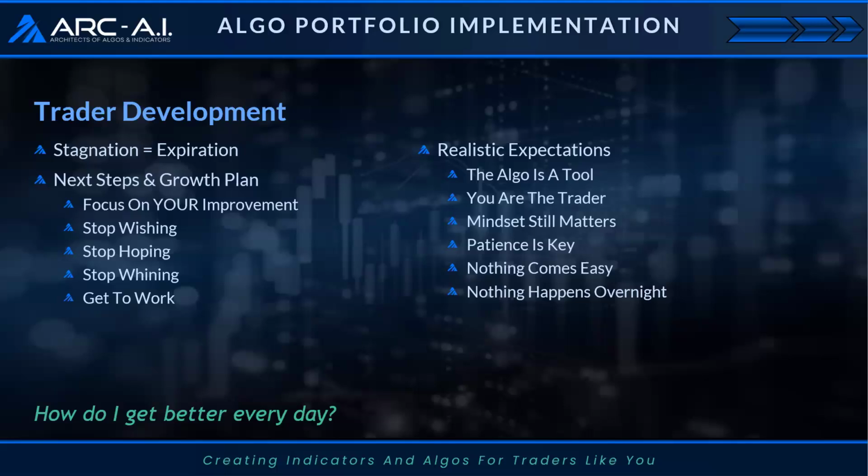You still want to focus on being the best possible trader out there, because you're going to trade even better with the algos. If you give an algo to somebody who's been trading for 20 years and who is successful, and you give that same algo to a trader who's been trading for 2 years and is not successful, I think we can both agree who's going to make more money in the long run.